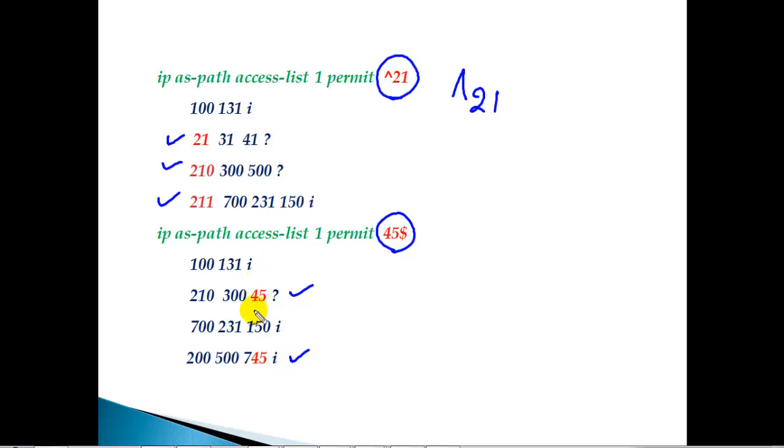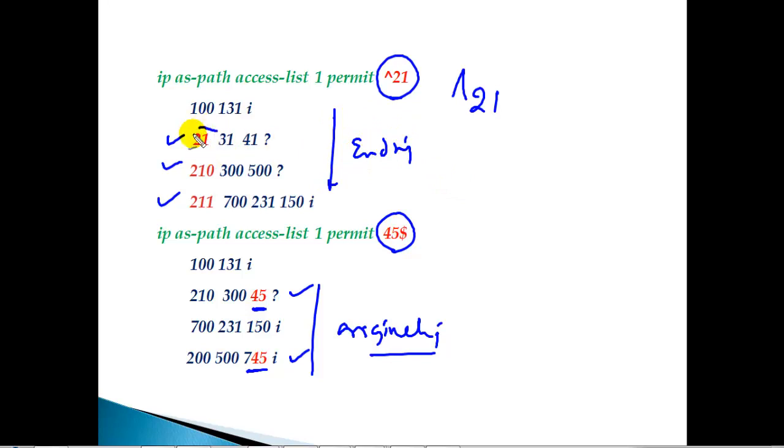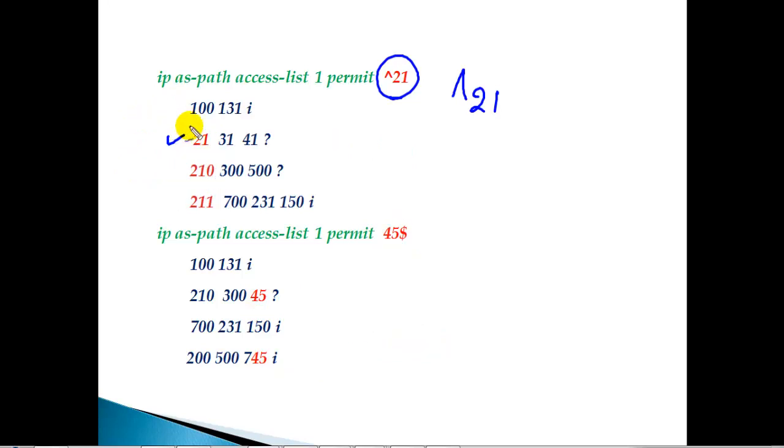But it should be at the end of your autonomous system path information, or in our language we can say it's originating with 45 and this is ending with 45, because this is the ending prefix or the neighbor prefix. Generally this will be the neighbor prefix. Okay, anyway, I'll get into some more examples on this. So whenever you see this symbol, match the beginning and match the ending of the AS path information.